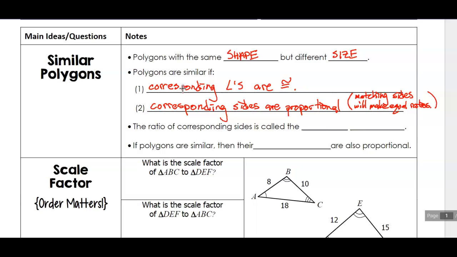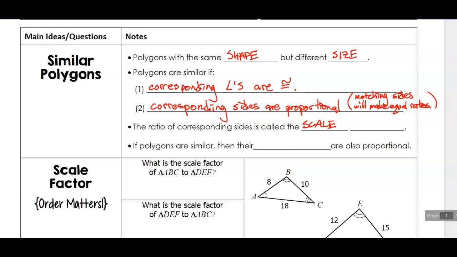Okay, the ratio of corresponding sides is called the scale factor. Scale factor.